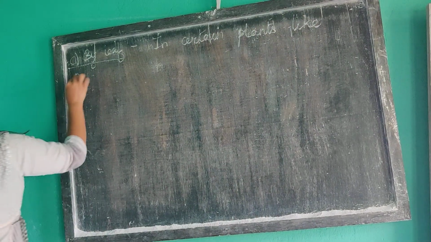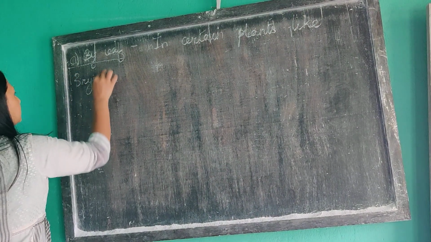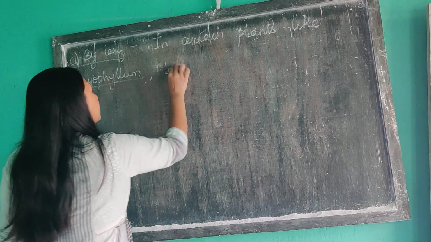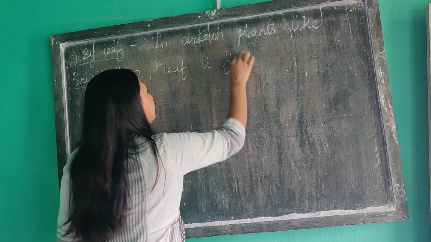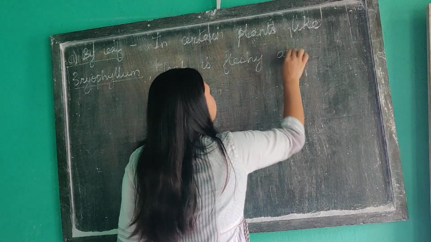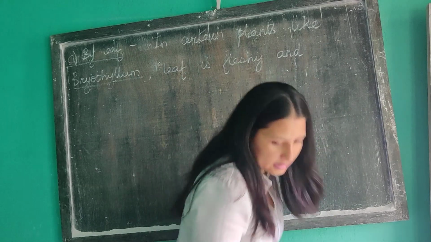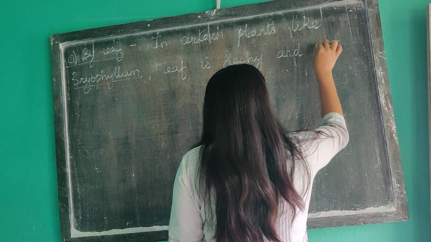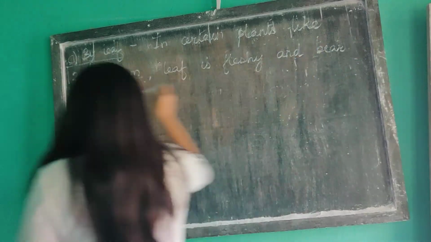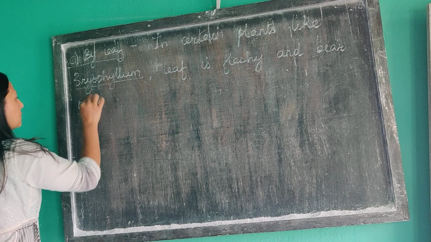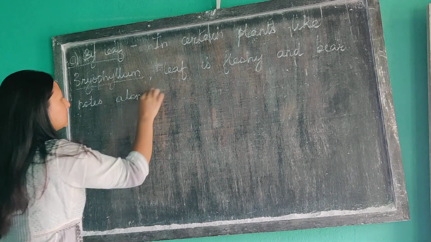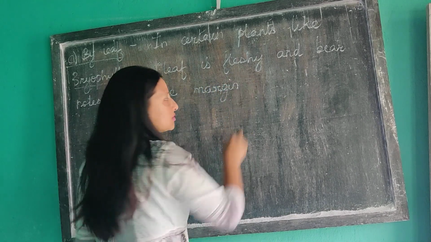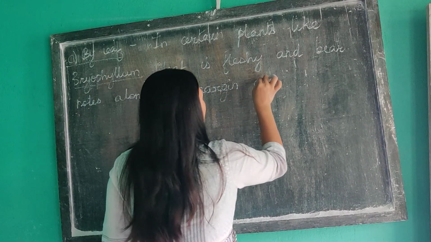Okay, there is a plant called bryophyllum. The leaf is fleshy and bears notches along the margin of the leaf, and inside the notches buds are there.